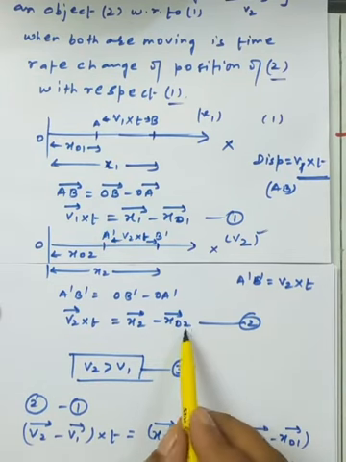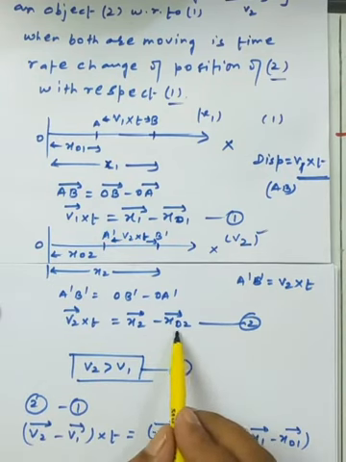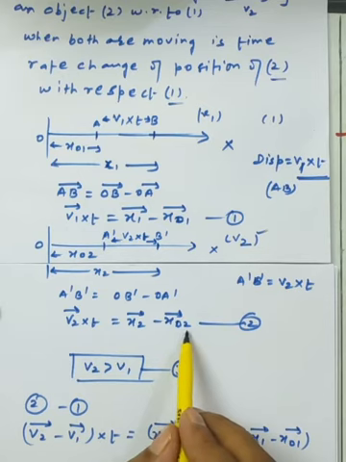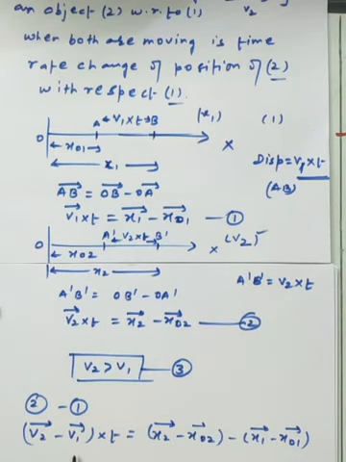Now I am making a little clarification, that is x2 minus x02. Taking 2 minus 1, I get v2 minus v1 into t is equal to x2 minus x02 minus x1 minus x01.